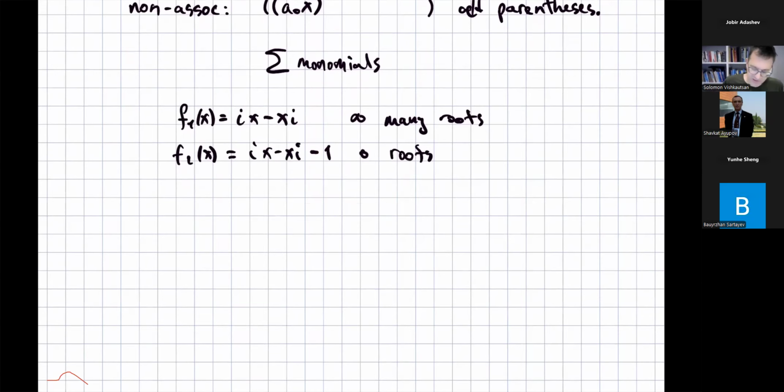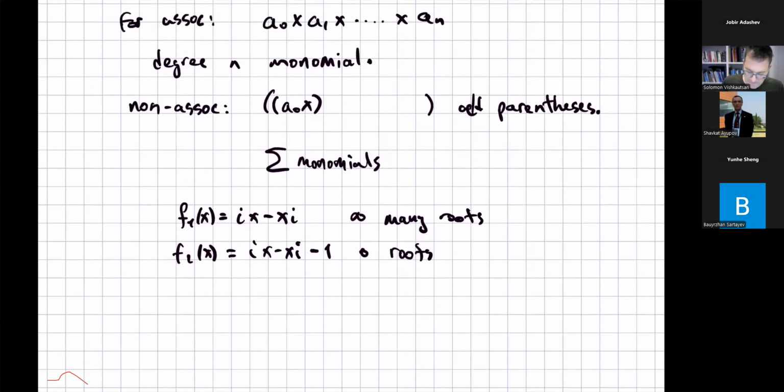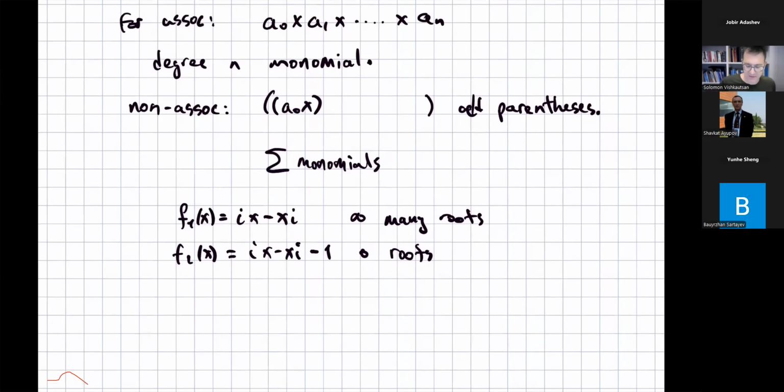Just as a remark, for left polynomials over the Sedenions, for example, it will already not be algebraically closed. So there are some left polynomials with no roots over the Sedenions.